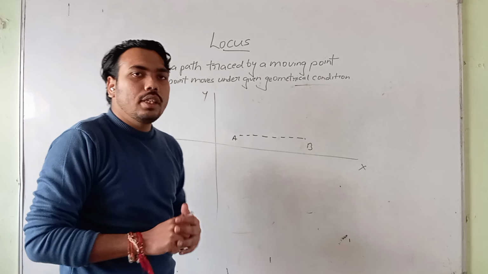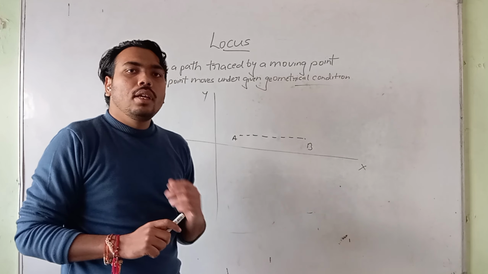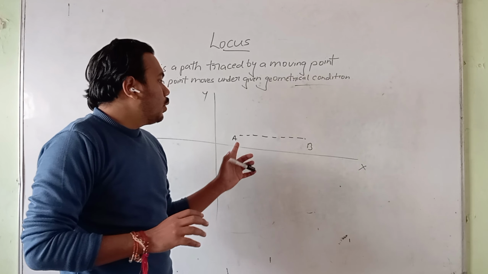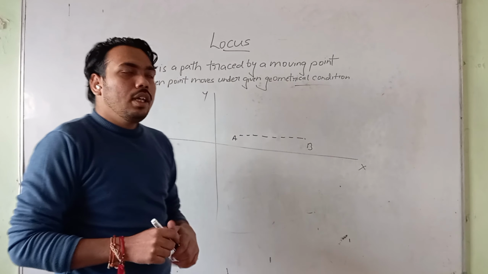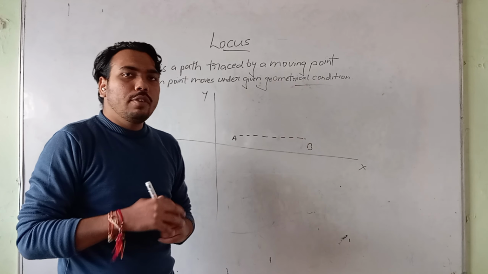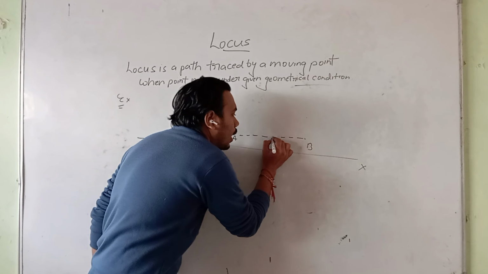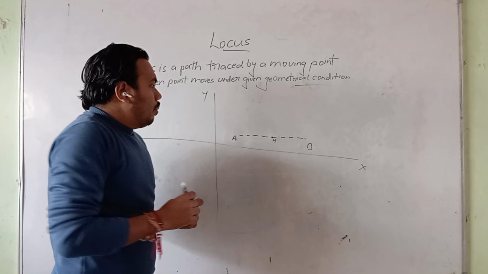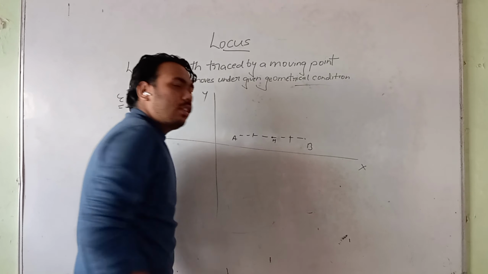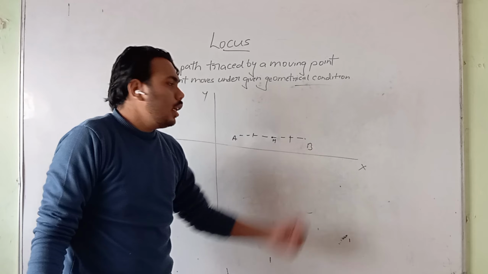The geometrical condition that I am imposing on the moving point is that it should always be equidistant from these two fixed points A and B. The obvious location of that moving point would be the midpoint of this line segment, let's say M, because this will be equidistant from both the points A and B.